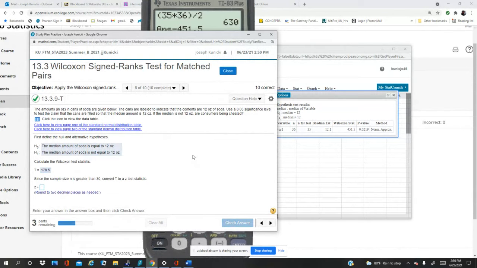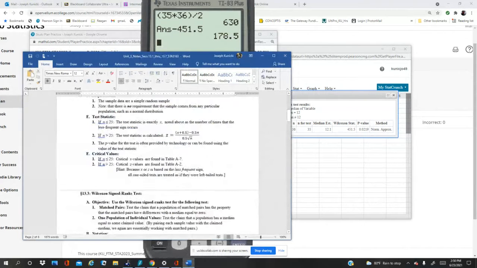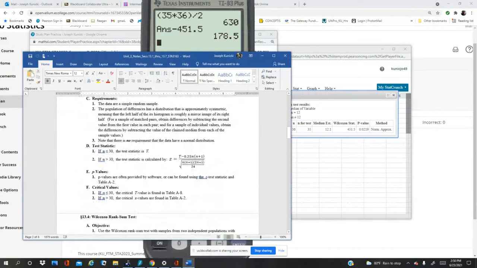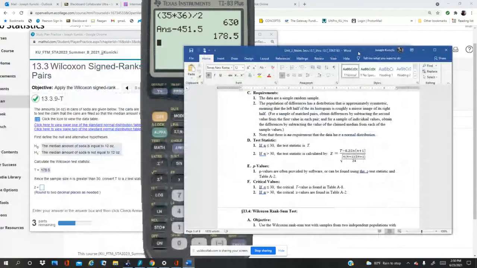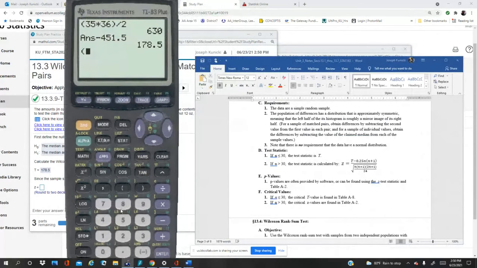The other problem is I have to calculate the z. How do I do that? If I go to Wilcoxon, this is section 3. There's the test statistic. So I use the T that we got, 178.5, and subtract 1/4, so 0.25 times n, which is 35, times n plus 1, which is 36.